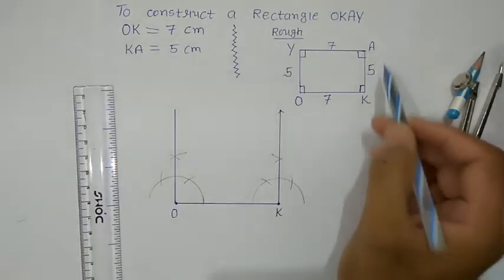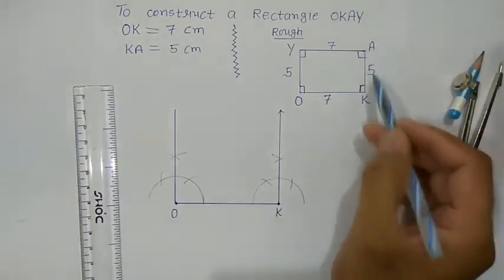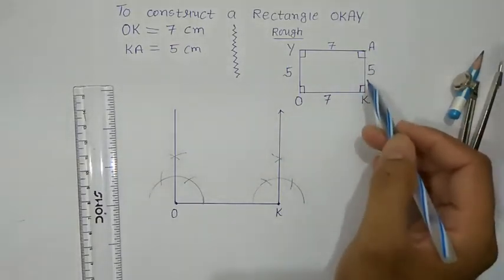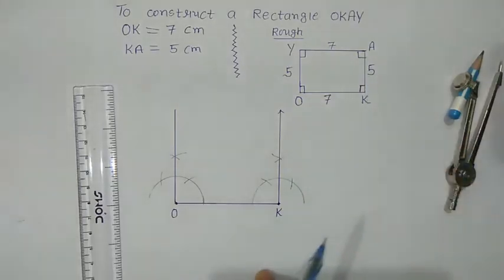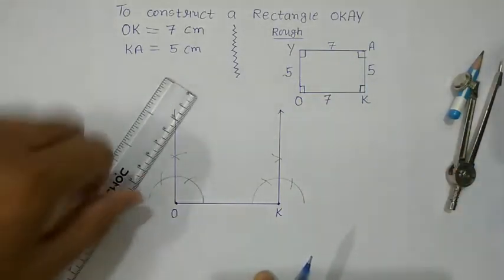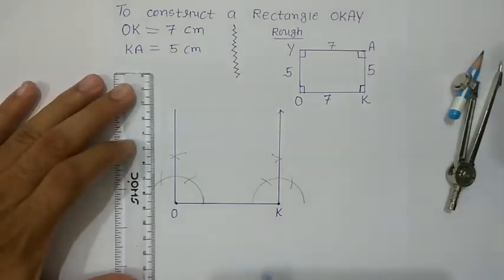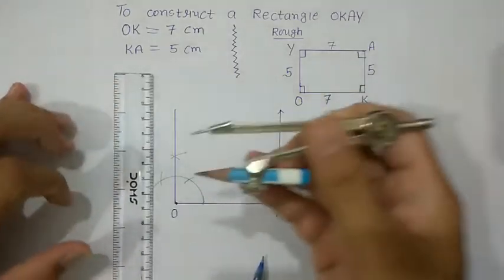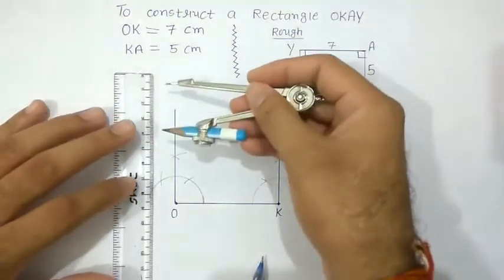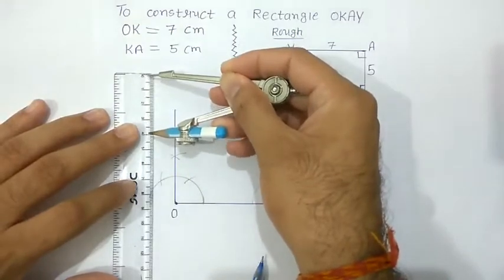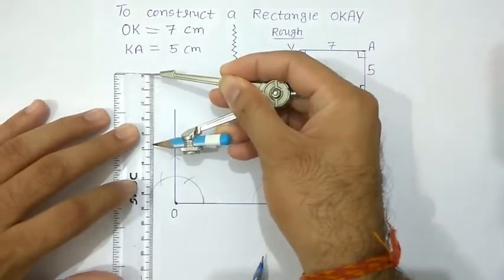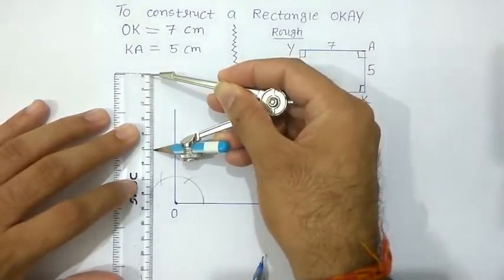Now how far is A from K? It is 5 centimeter. So we can do this thing in two ways. One is to make 5 centimeter on the scale. So this is 0 and this is 5 centimeter.